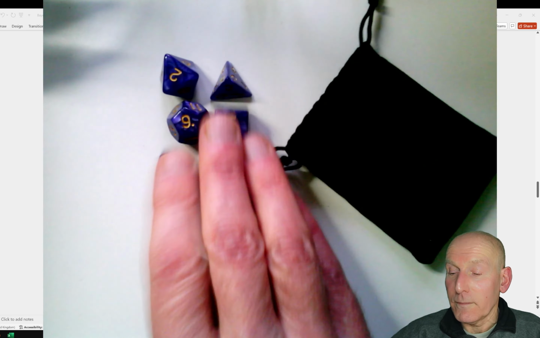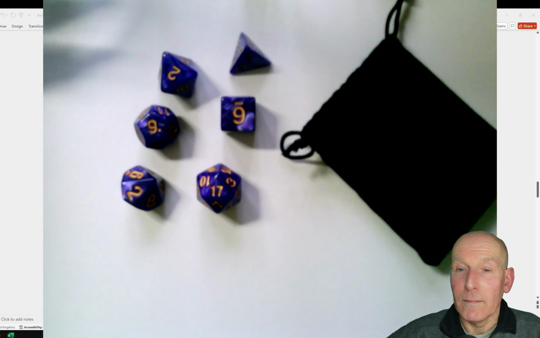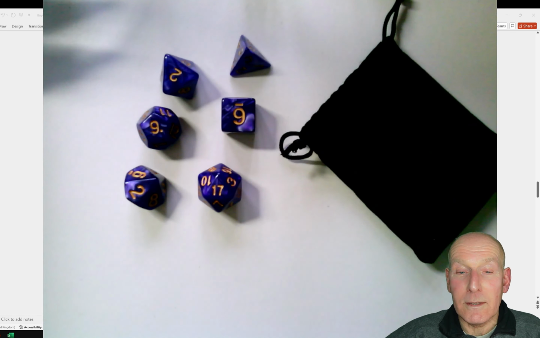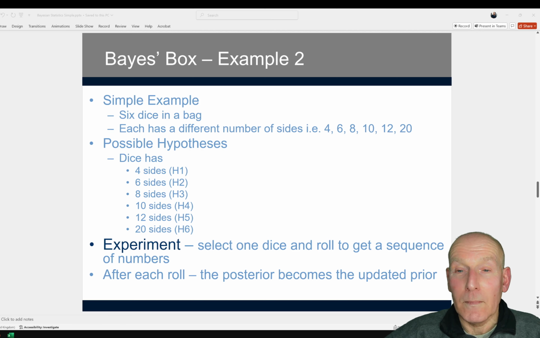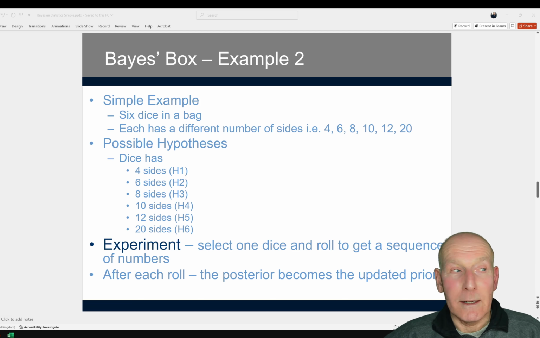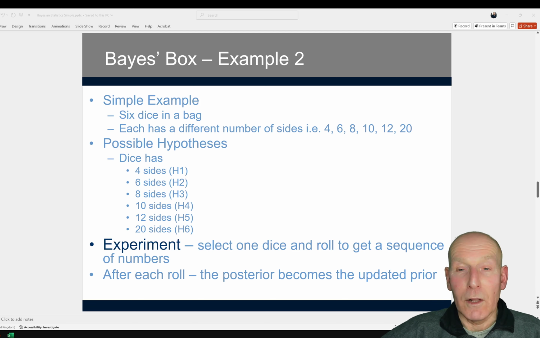Inside that bag of dice I have 6 different sided dice. And as you can see from the slide, we have a 4-sided, a 6-sided, an 8-sided, 10, 12 and 20-sided dice, and these are the possible hypotheses we're going to have in our experiment.